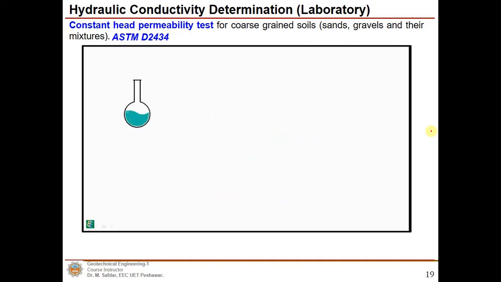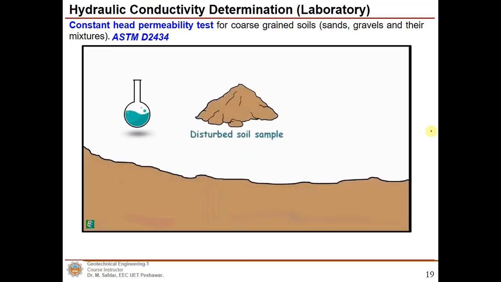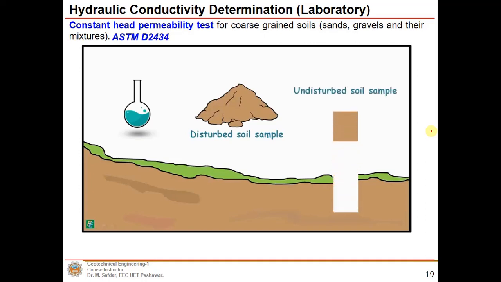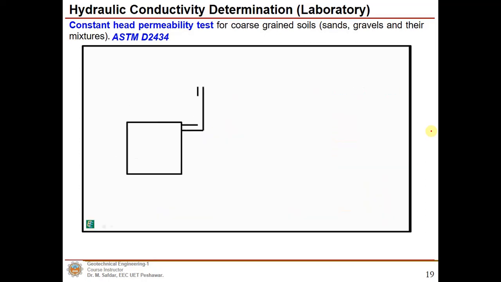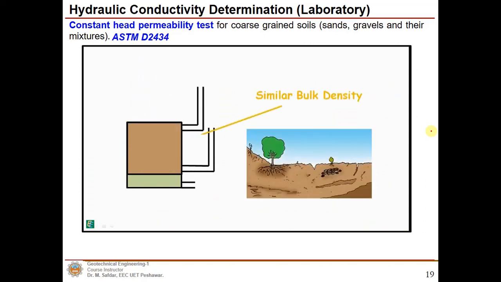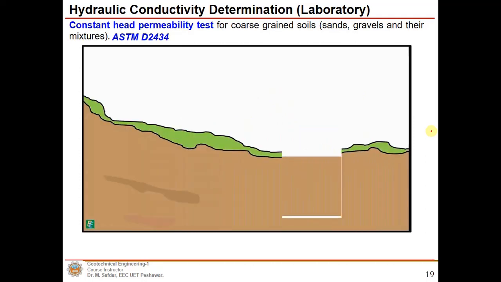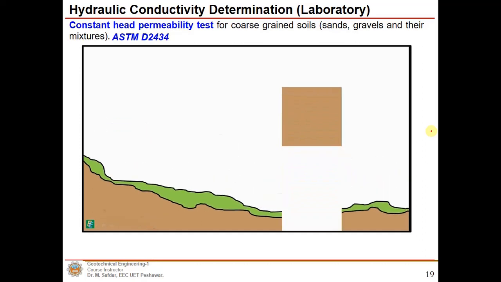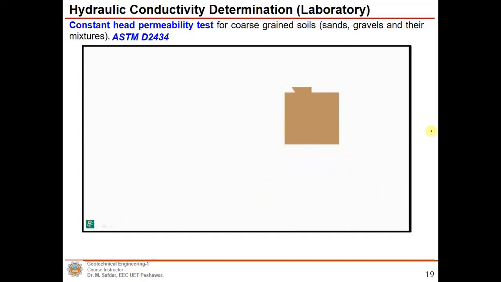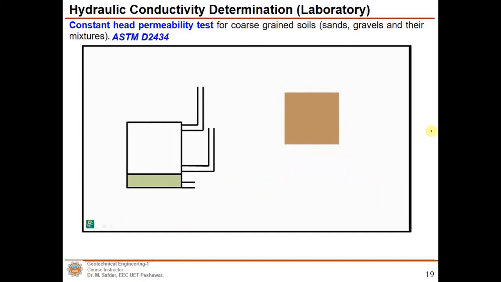We can perform this experiment for both disturbed and undisturbed soil samples. We fill the mold with our sample soil and compact it to a density which may be representative of the field conditions. Or for an undisturbed sample, we take out the soil sample from the ground and trim it to dimensions similar to that of the mold.